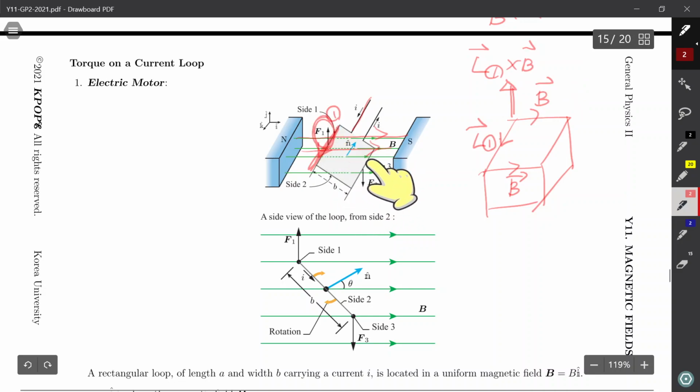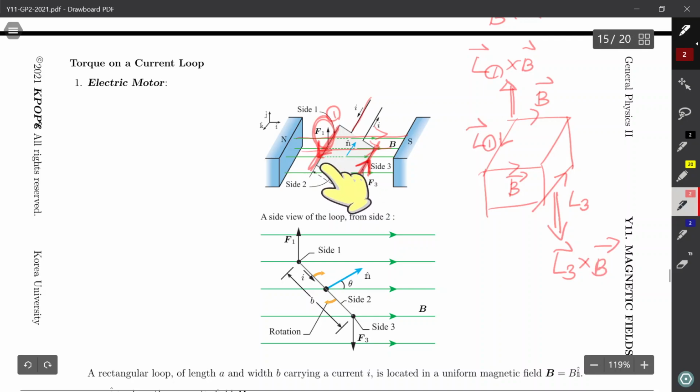On the opposite side, L3 is entering into the page, so this is the opposite direction. L3 cross B is in this direction.